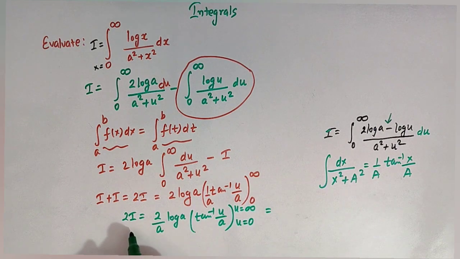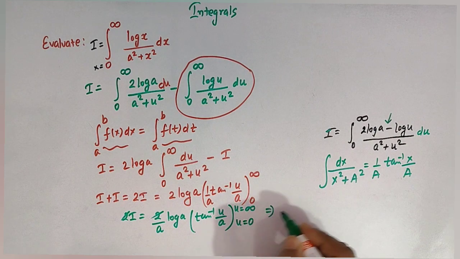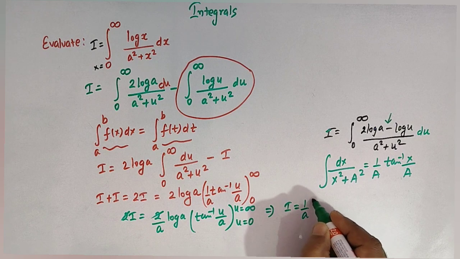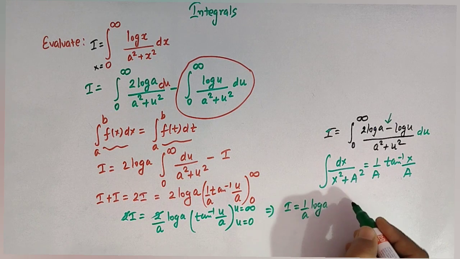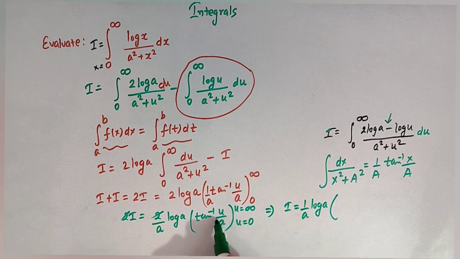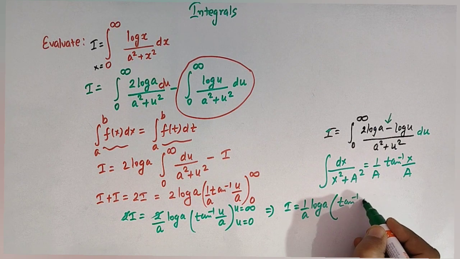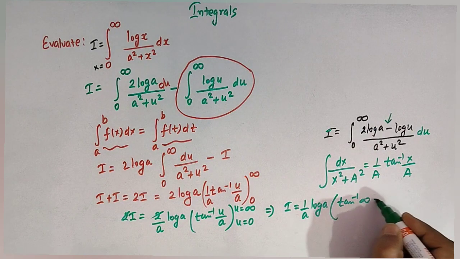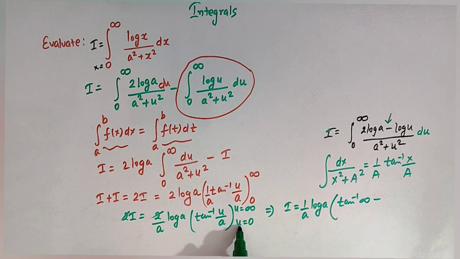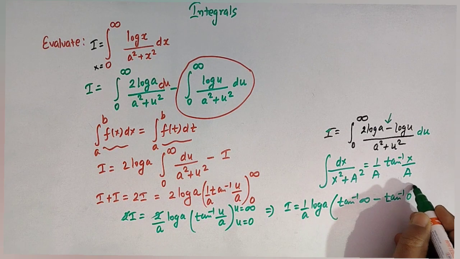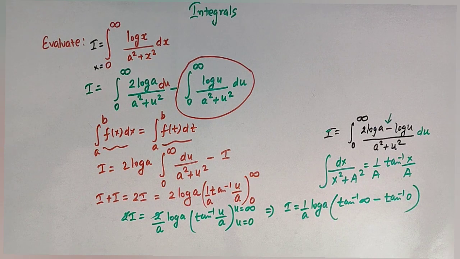Now the 2 and 2 get cancelled, so we have I is equal to 1 over a log of a, and when we take u is equal to infinity, we have tan inverse of infinity, and when we take u is equal to 0, we have tan inverse of 0, right?